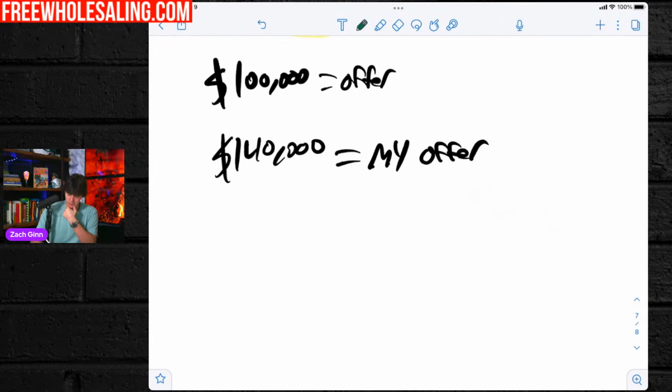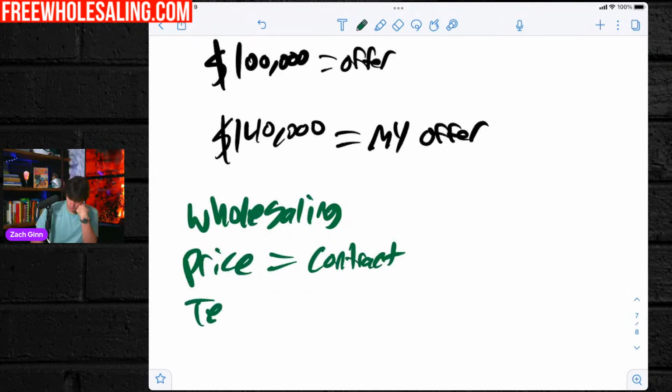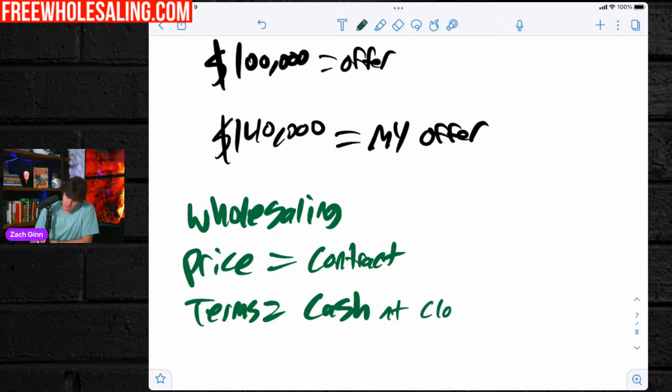In wholesaling, price is just basically on the contract. What are the terms? Cash. I buy it cash all at once at a date at closing. That is what a wholesaling deal is, right?